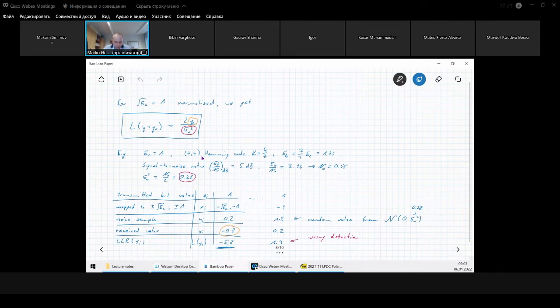Then we made an example looking at the (7,4) Hamming code, normalizing the energy per coded bit to 1. Then we have an energy per bit, of course, which is larger due to the redundancy. We've talked about this before. We assumed a certain signal to noise ratio.